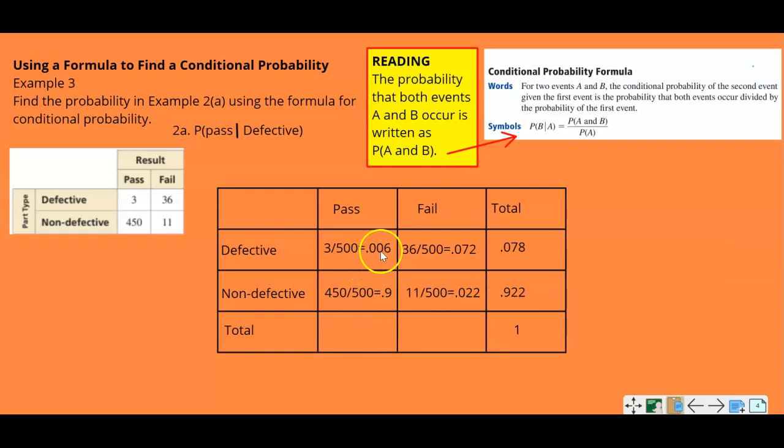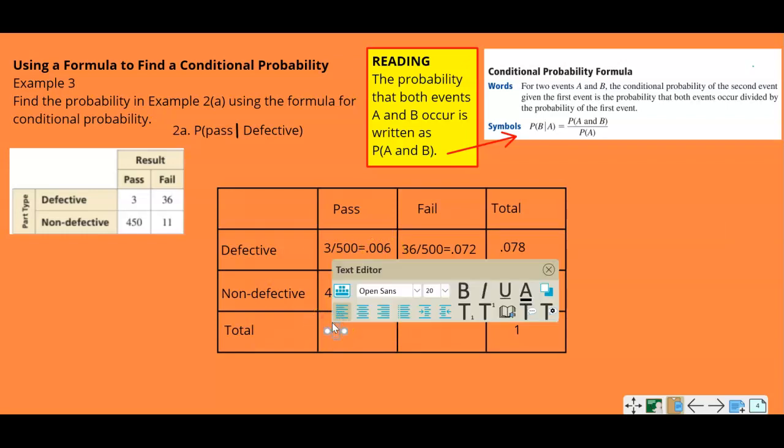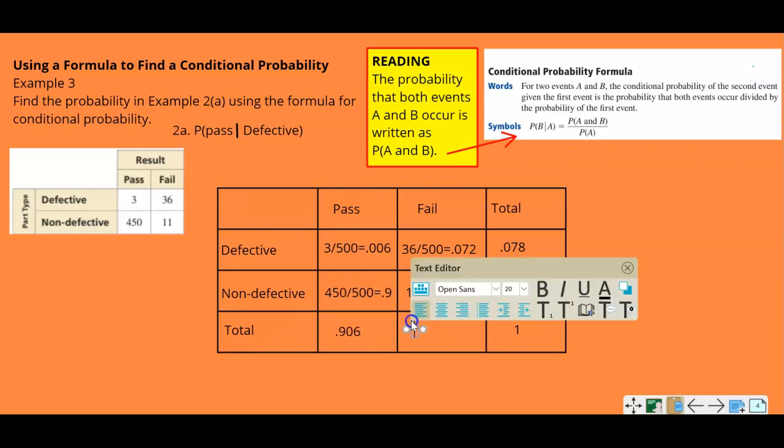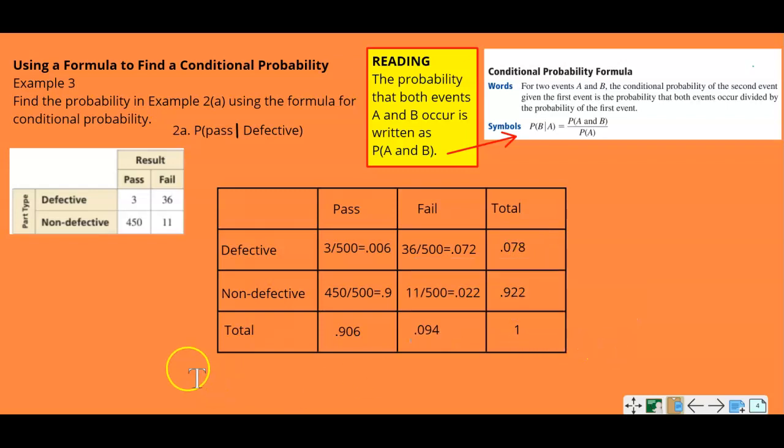Then 0.006 plus 0.9 is 0.906. And if I add 0.072 and 0.022, I get 0.094. Again, these two add up to give you this, and these two down add up to give you that as well.